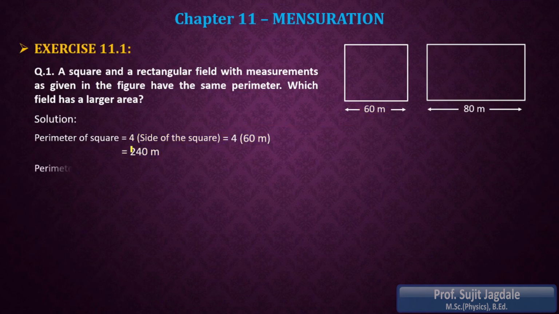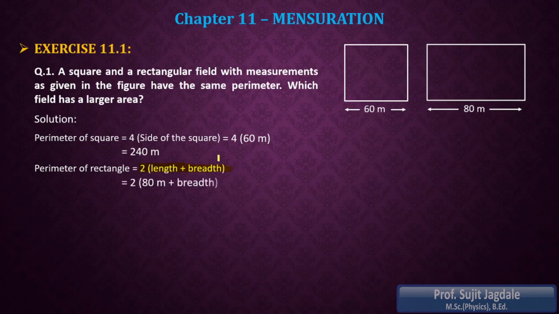In a similar manner we can calculate the perimeter of the rectangle, whose formula is now different because the shape is different. The perimeter of a rectangle is 2 into bracket length plus breadth, because the rectangle has the property that opposite sides are equal in length. So we add 2 times a single value of length and breadth, which is 2 into length plus breadth.